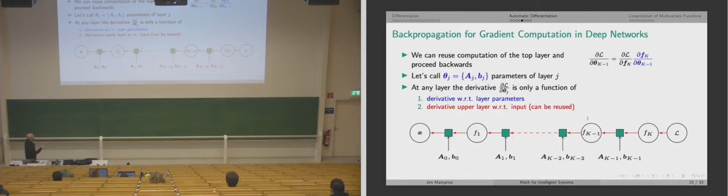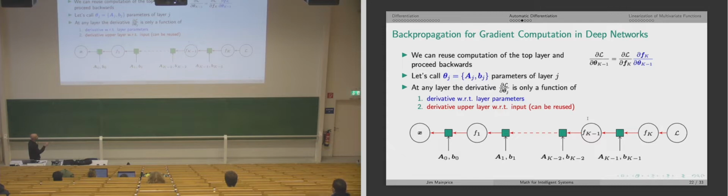The way we do this, starting here, is by looking at the derivative of the loss with respect to the weights and biases of the last layer. And this is the chain rule. Remember, we are multiplying two Jacobians together, or two first-order derivatives.